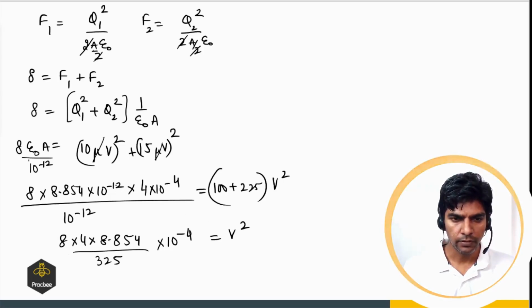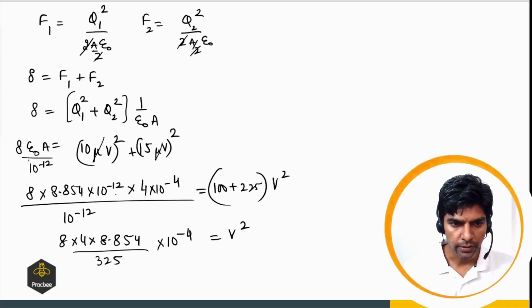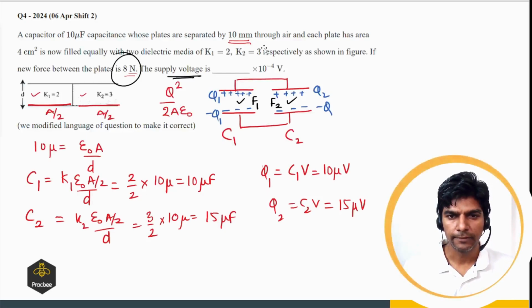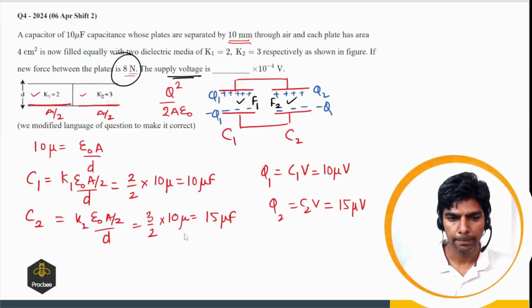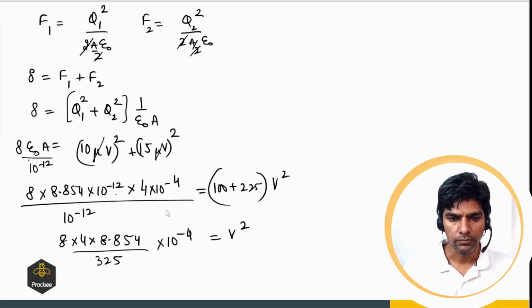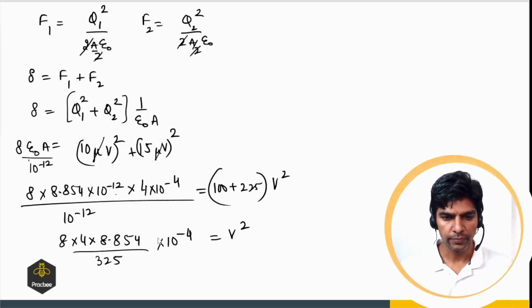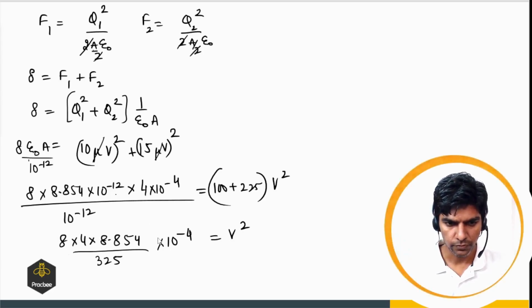So here we have minus 6 minus 12. Let me again check. Area is 4, right? Okay, right. So let me just simplify this. So 8 times 4 times 8.854 divided by 325, right?